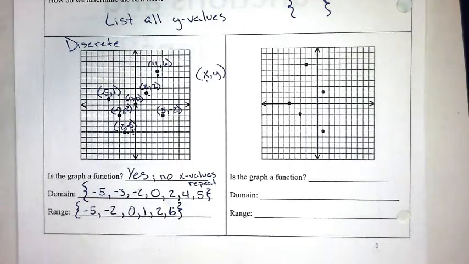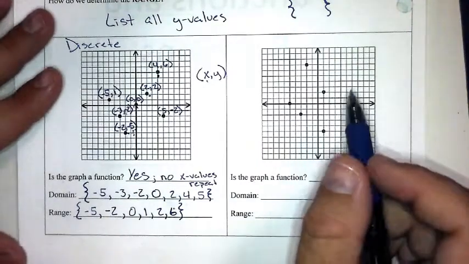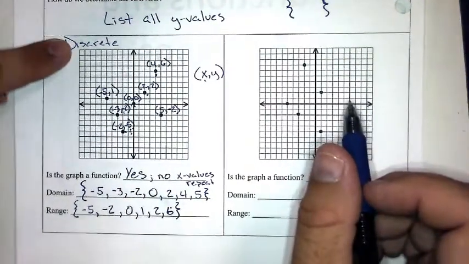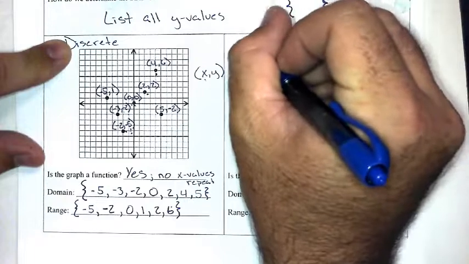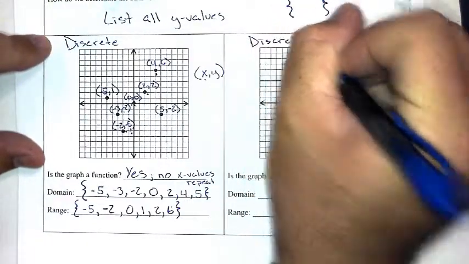Now, in this next example, I have dots on a graph. That means my graph is what? Discrete. Again, I want us to get used to identifying graphs.